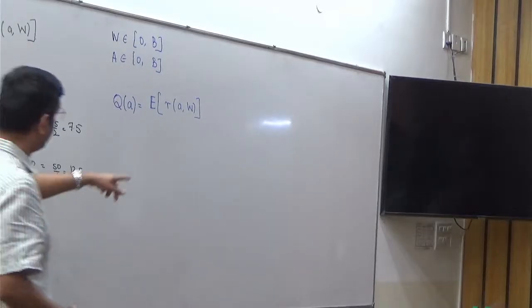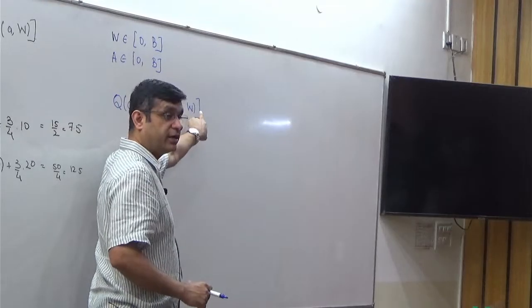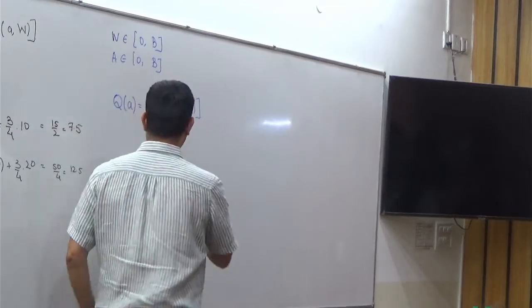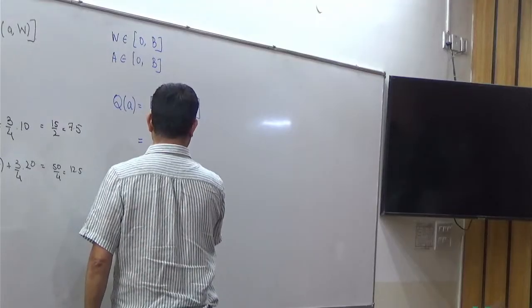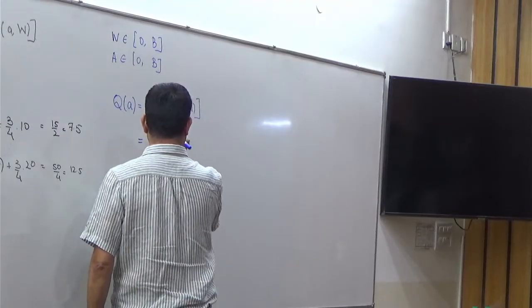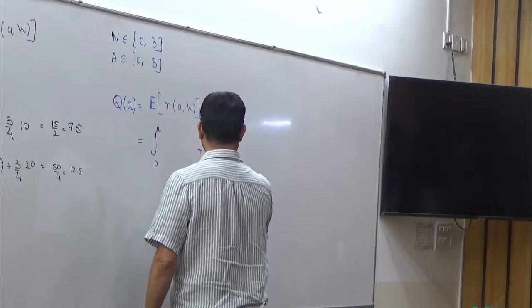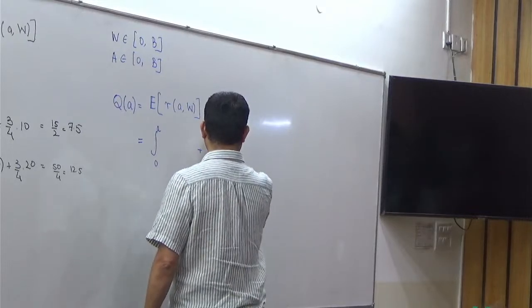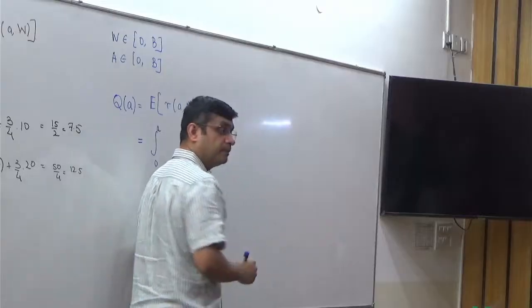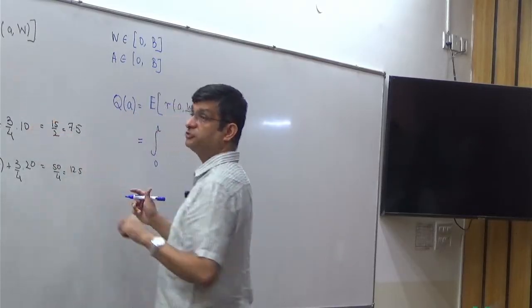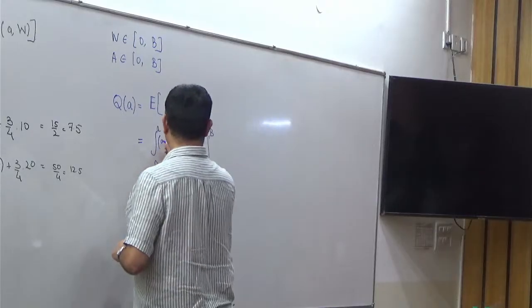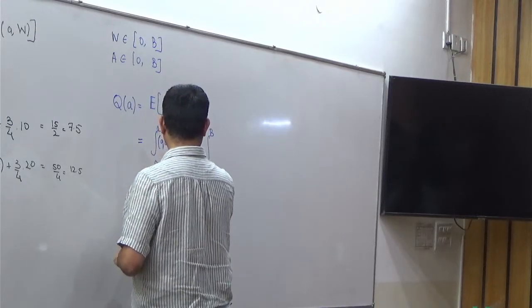In this expectation, A is fixed and W is a random variable. So I would have a situation where I would say this is going to be some integral if the demand is between 0 to A plus another integral if the demand is between A to capital B. And what I would get here is the first objective, QW minus PA.